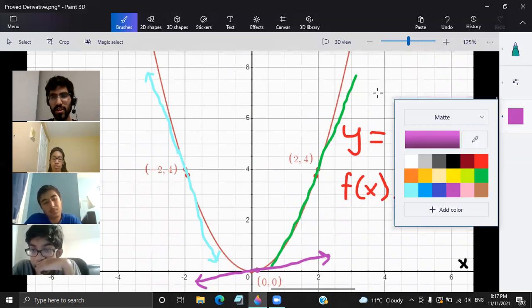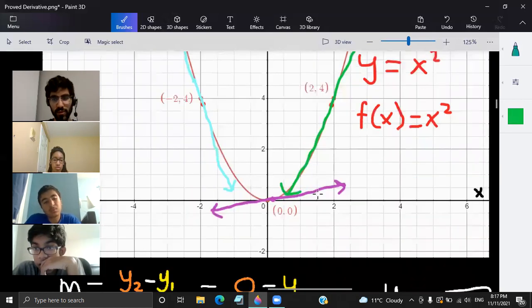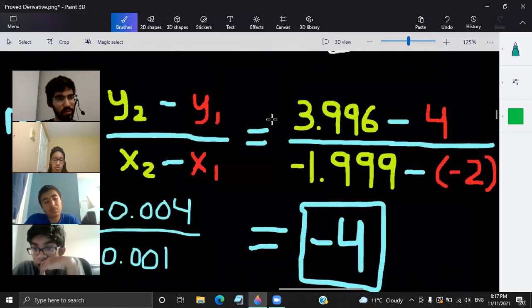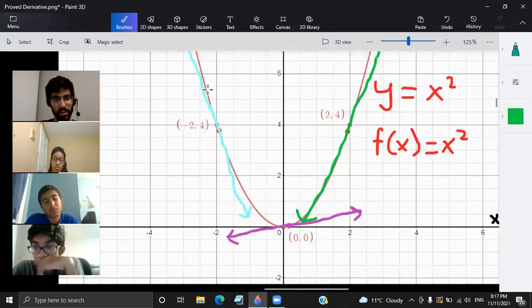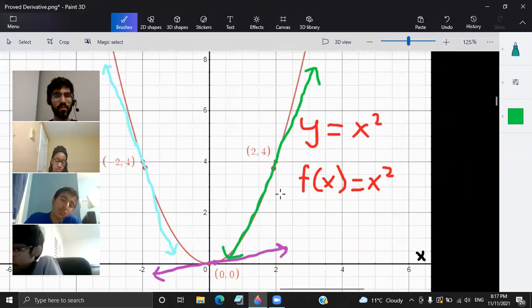If you actually calculated the slope of this green line versus the slope of this blue line, you would get that the slope of this green line is equal to 4. The slope of this blue line was -4. Remember, a negative slope means it's going down. The slope of the green line is 4. That means it's going up.